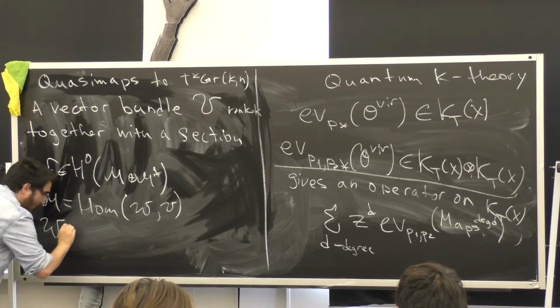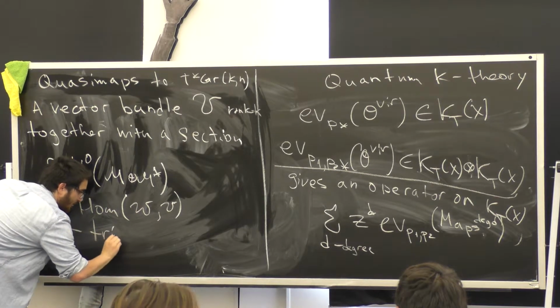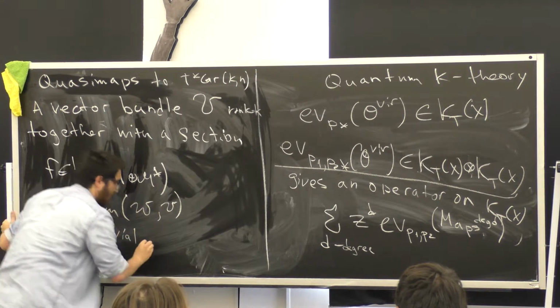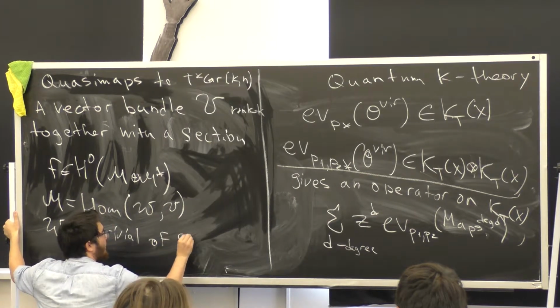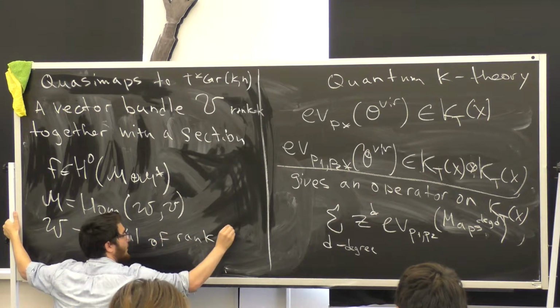And then W is a trivial bundle of rank N.